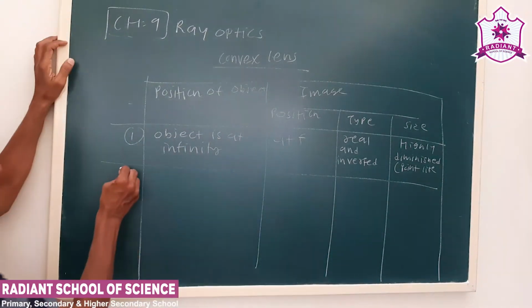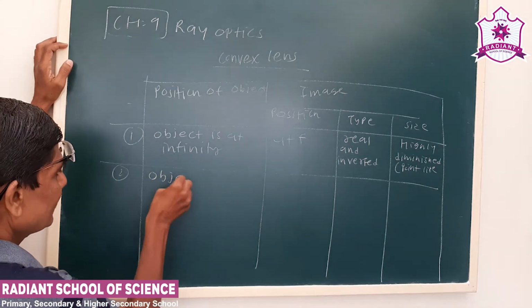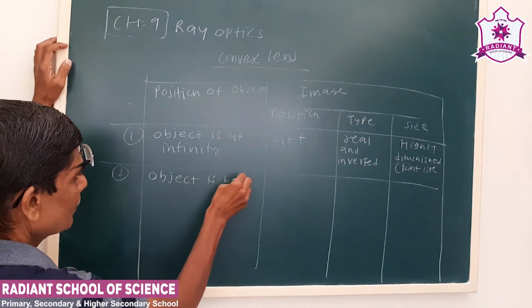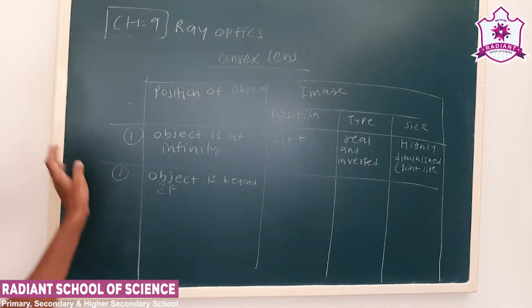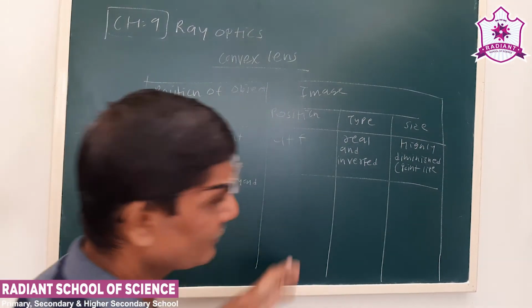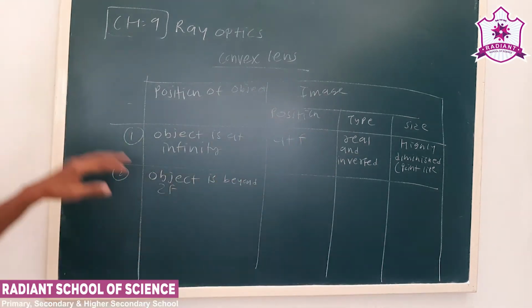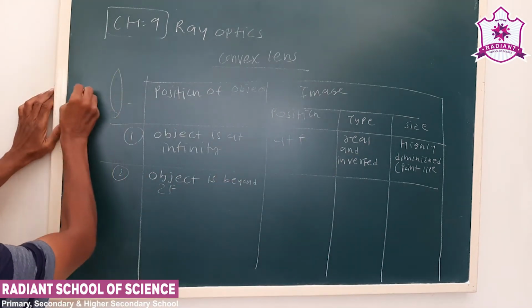Now secondly, when the object is beyond 2F. See here, in the first 5 cases, the image will be formed on the opposite side of the lens.